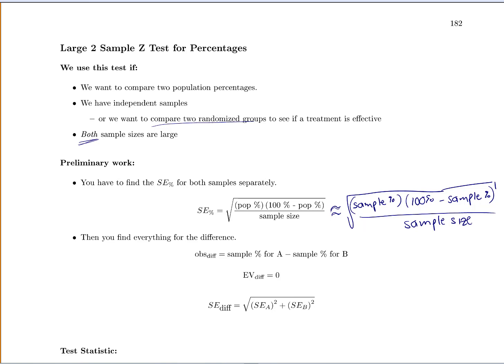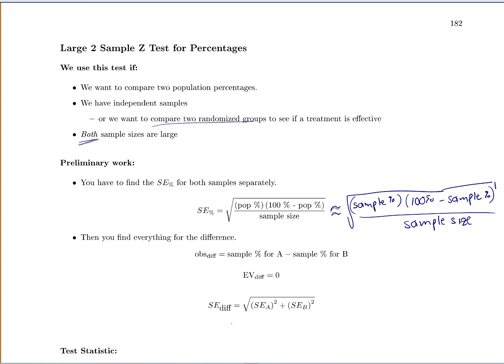Then you find everything for the difference. For all of our tests, we've had to do an observed, an expected value, and a standard error. So observed difference, well, that will just be what sample percentage did you get first minus the second sample percentage. Now, expected value for the difference: if your population percentages are equal, you'd expect the sample percentages to be about the same, right? So you'd expect the difference to be 0.